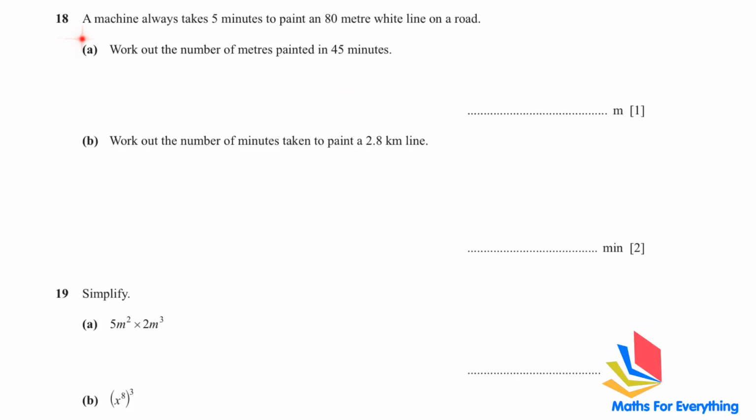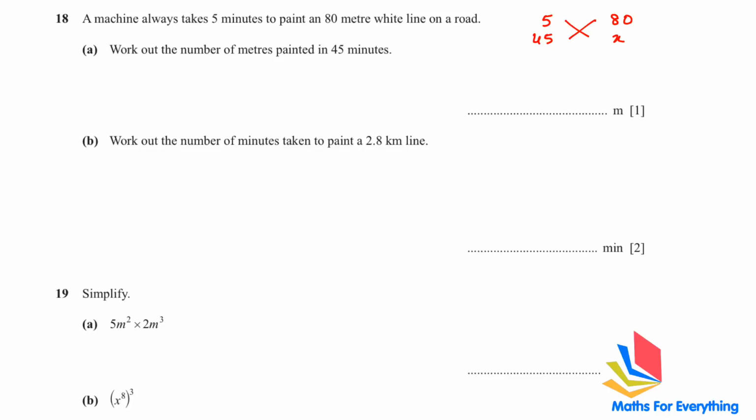Question number 18. A machine always takes 5 minutes to paint an 80-meter white line on a road. Work out the number of meters painted in 45 minutes. So in 5 minutes, you can paint 80 meters with the machine. So with 45 minutes, how much can you paint?